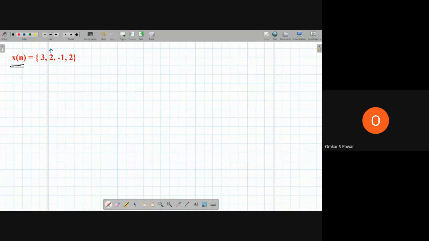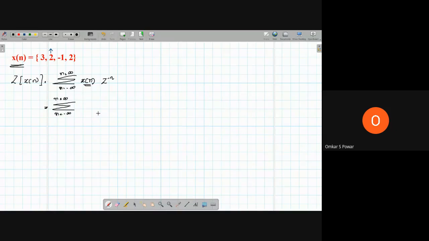First thing we have to do is write the formula. Z transform of x of n is equal to summation n varies from minus infinity to infinity x of n z power minus n. Now what is x of n? We have to substitute here. Summation n varies from minus infinity to infinity.